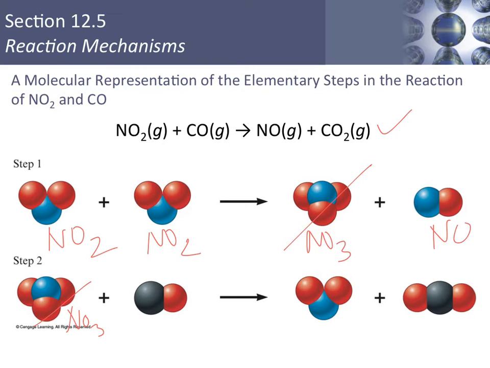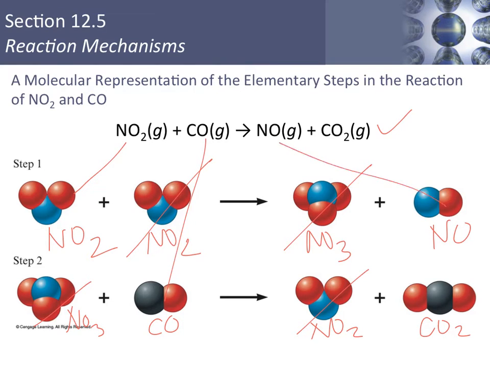You can also see we've got our carbon monoxide, CO, NO2, and CO2 are produced. We can also cancel out this NO2 with, say, this one, and you can see what is left is the overall chemical equation. We've got our NO2, we've got our CO, we've got our NO, and our CO2.